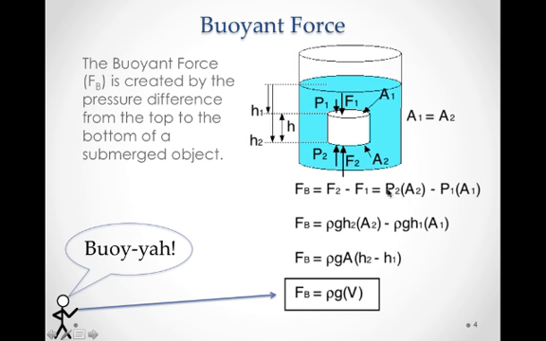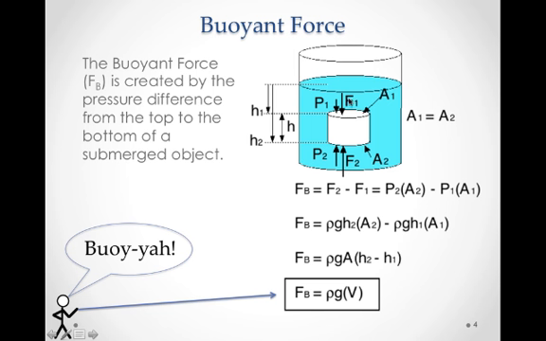And from before, we know that forces can be calculated by taking the pressure on the surface times the surface area. So the force at the bottom pushing upward is P2 times A2, and the force of the liquid pressing down on the top of this object is P1A1.